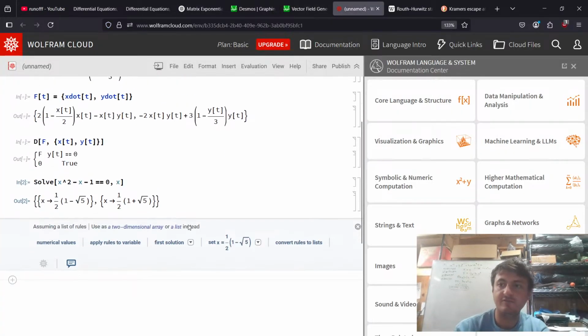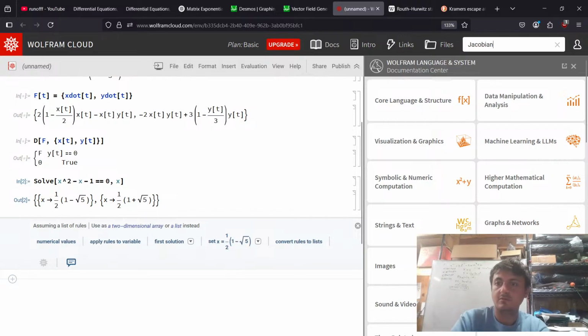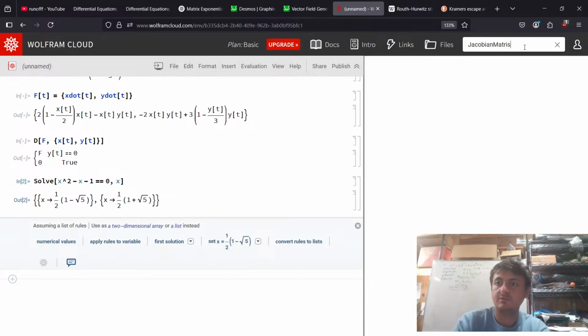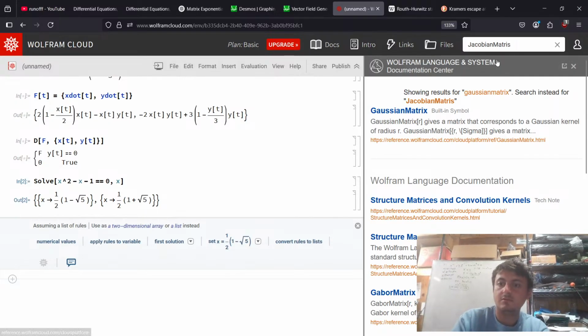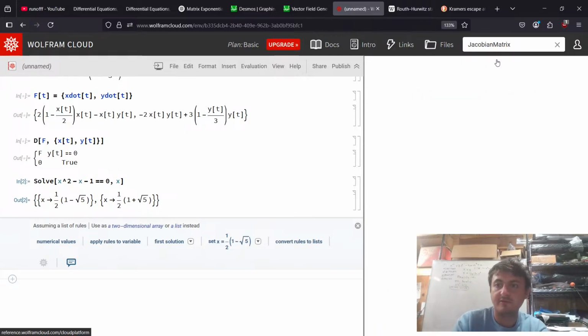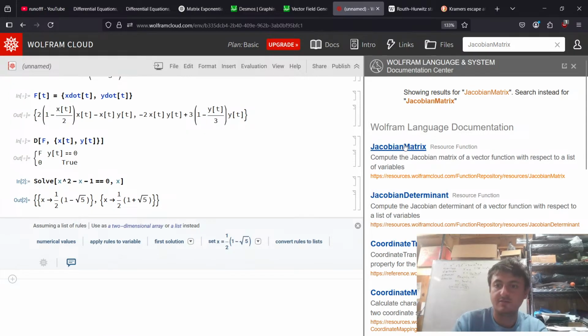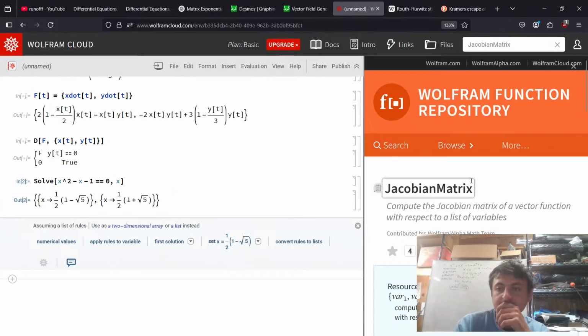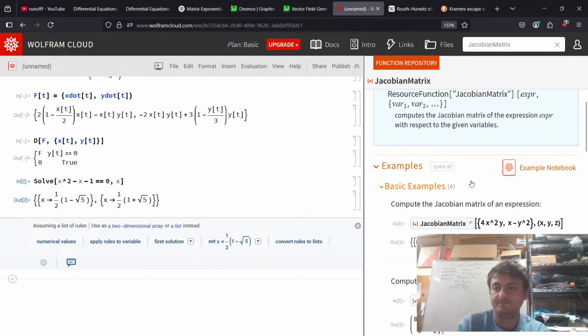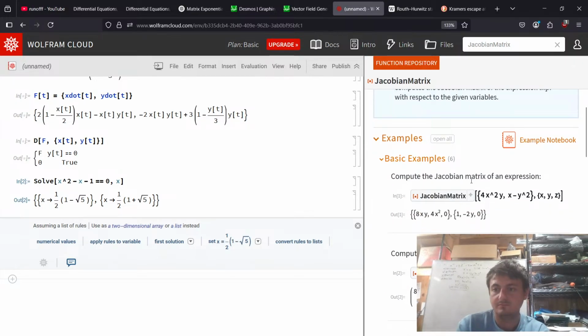Also, I didn't even find the Jacobian matrix. Yeah, I don't even think this is a real thing. Oh, it is. Oh, it's a resource function. It's nice that you don't have to do that.